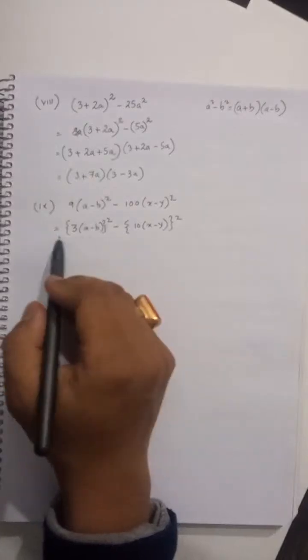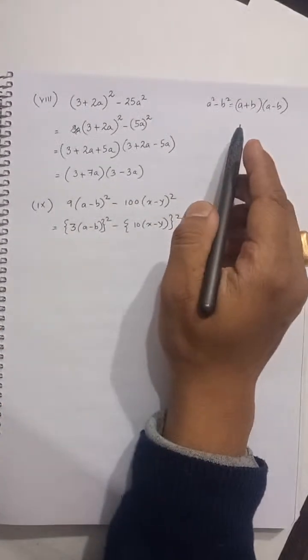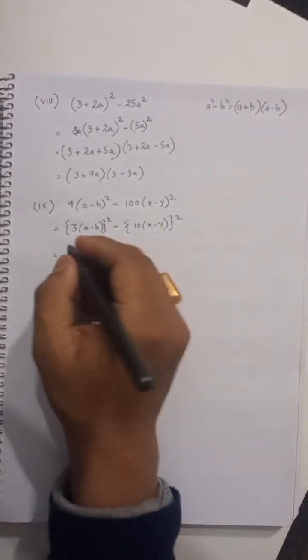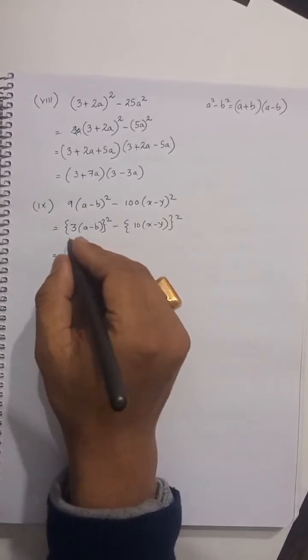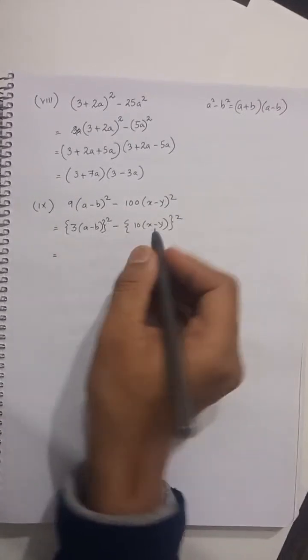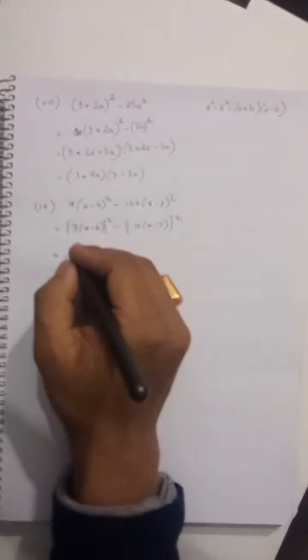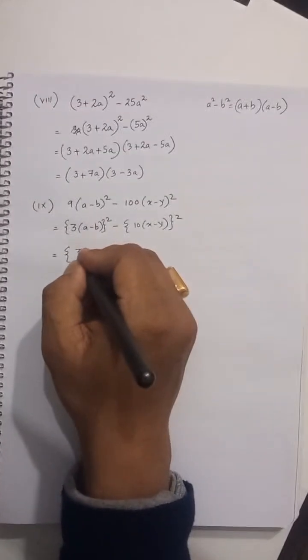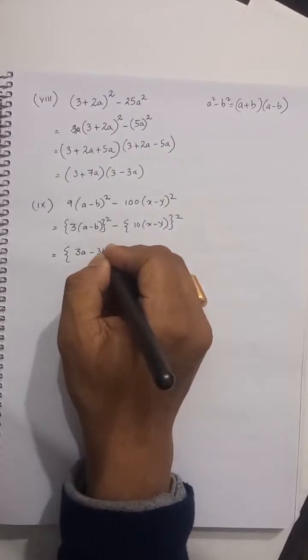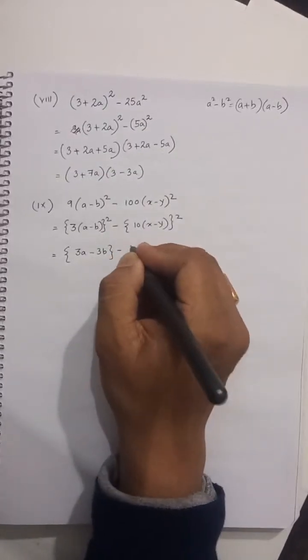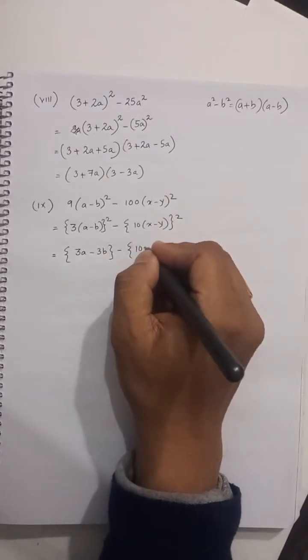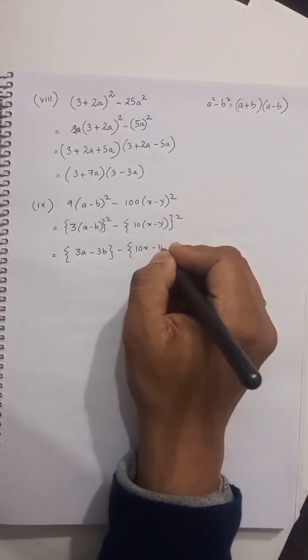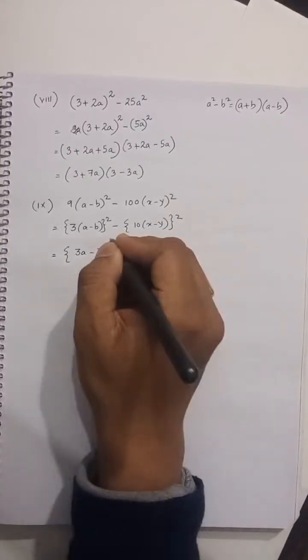Okay, now we can express this using the identity. But before that, we can do one thing. We'll just multiply 3 with a and b and 10 with x and y. So we have 3a minus 3b whole square minus 10x minus 10y whole square.